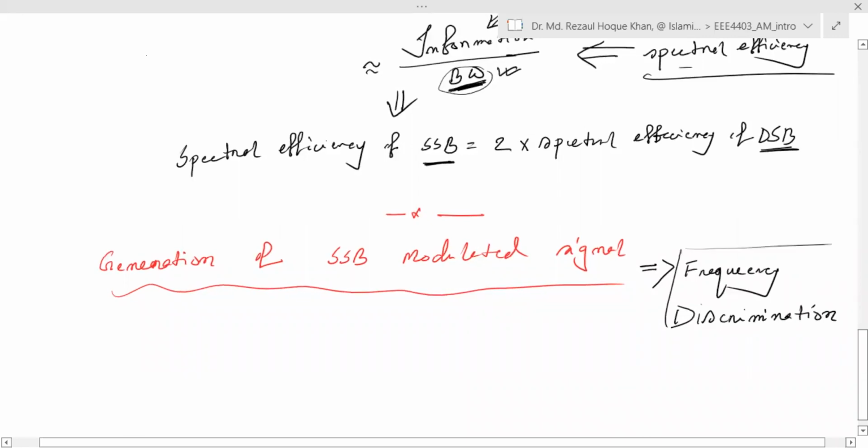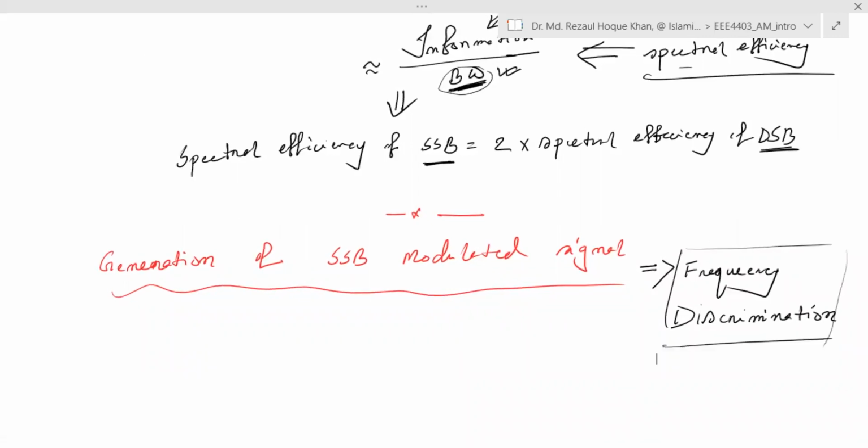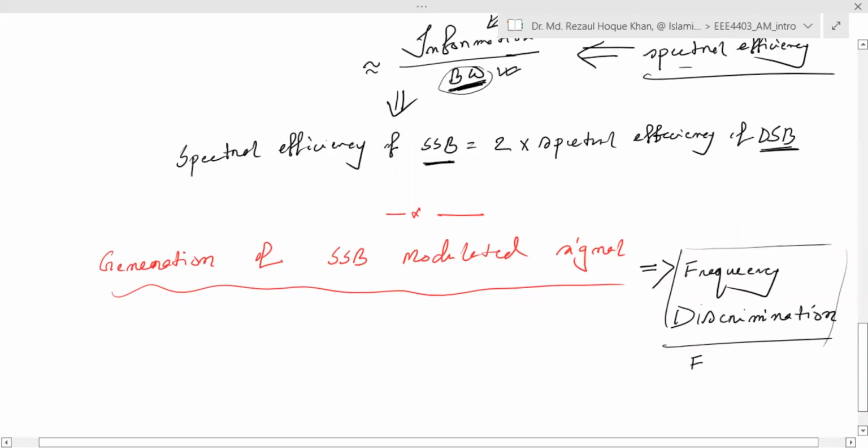This is the technique used for generating a single sideband from the original DSB signal. It is also called a filtering technique, in general a simple filtering technique. By filtering out either the upper sideband or the lower sideband, we can extract one of them from the DSB.